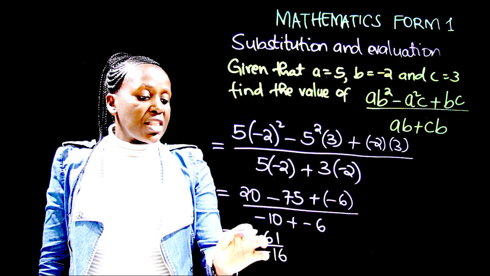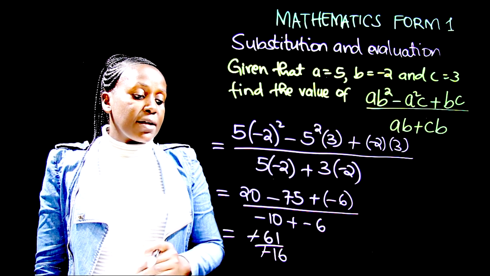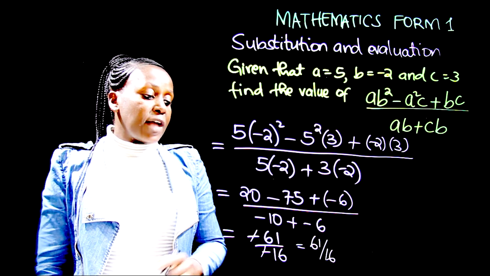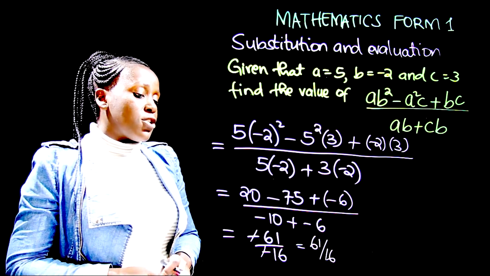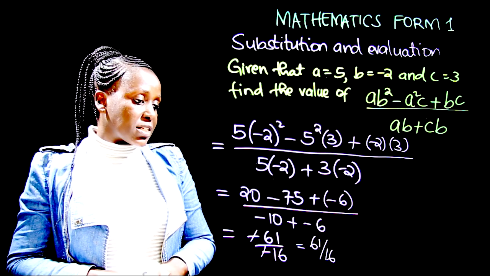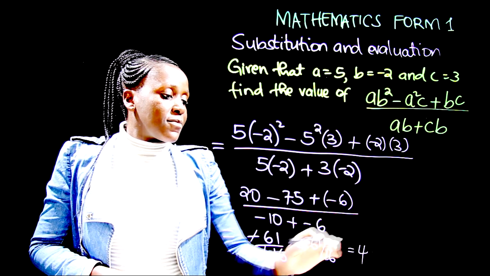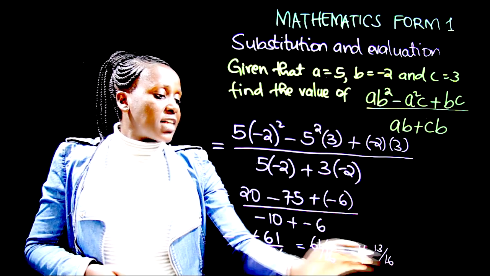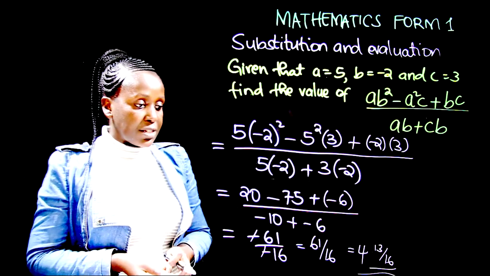Now at this point, the two negatives will cancel out, and now we have 61 over 16. Now you can choose to write this as a mixed number, alright? So 61 over 16 will be equal to 4, and then 13 over 16. And that is how you substitute and then evaluate.